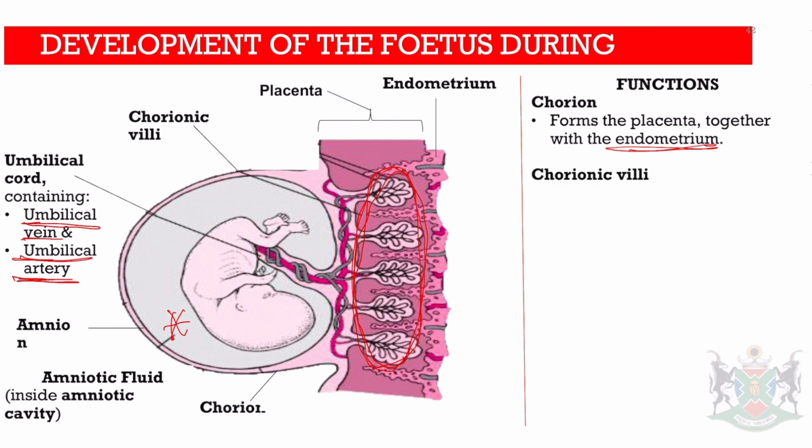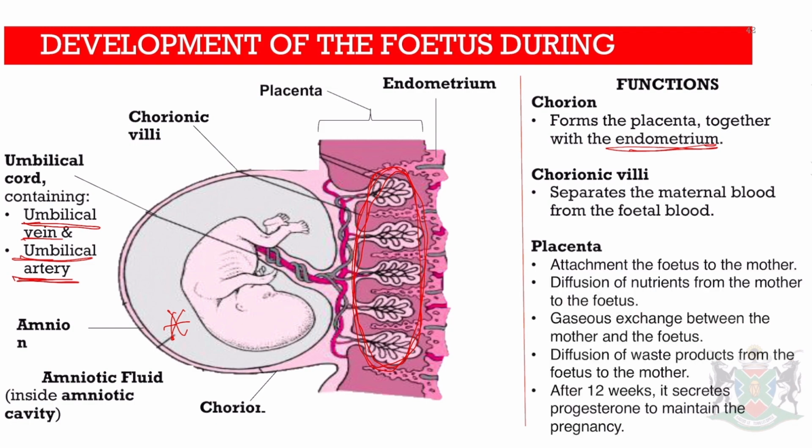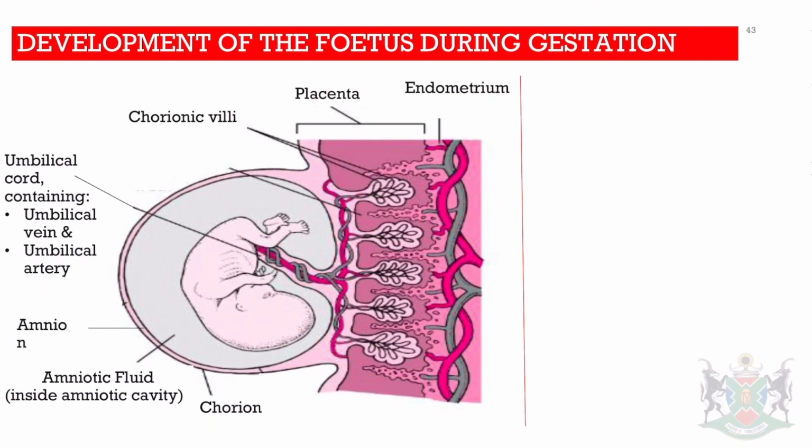The chorionic villi separates the maternal blood from the fetal blood. That is very correct when we look. Now, the endometrium, which is here, is the part of the mother.